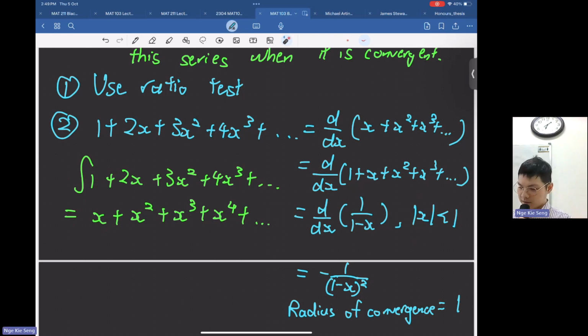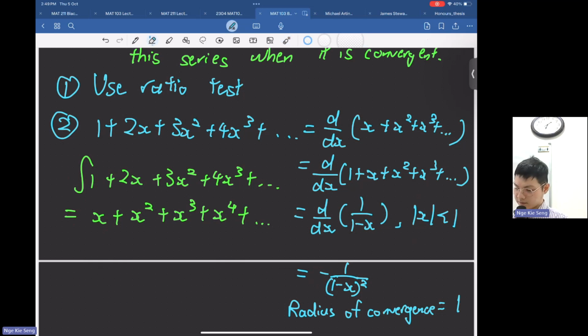Or you mean there's a minus outside? Wait, outside where? Outside here or outside here? This one, the last line. You mean it should be a positive here?